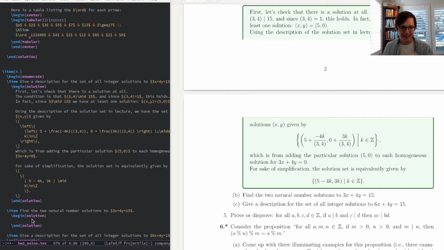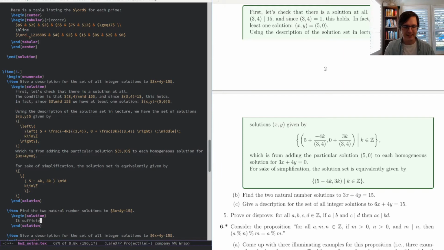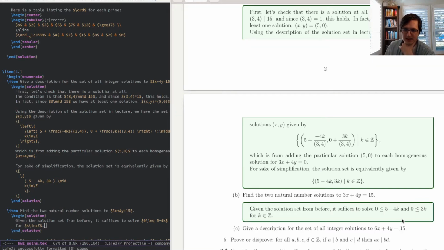Given the solution set from before, it suffices to solve, we want both of the components to be non-negative. So we want to solve this pair of inequalities.